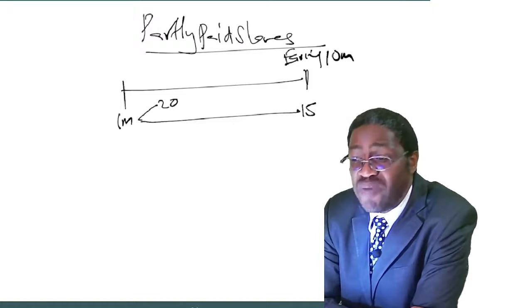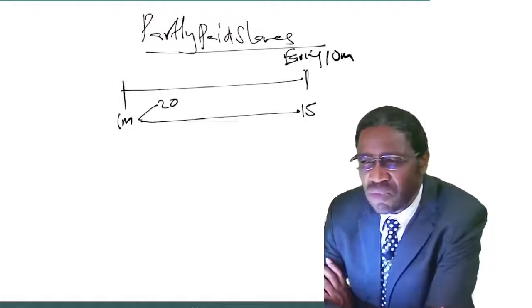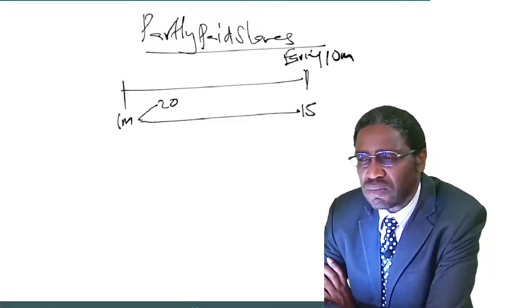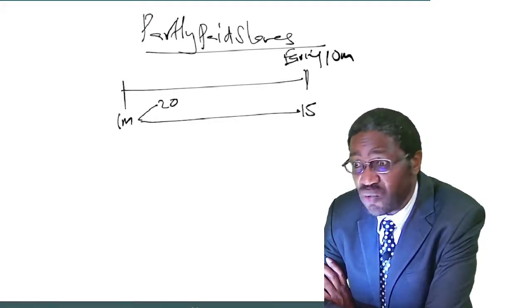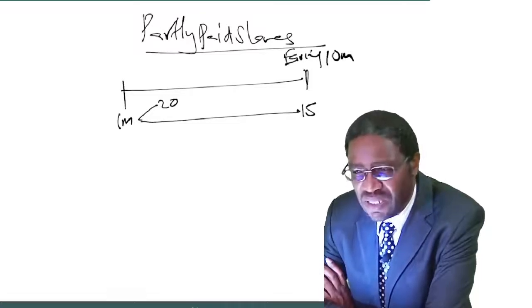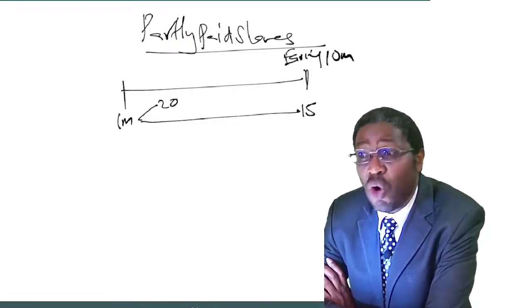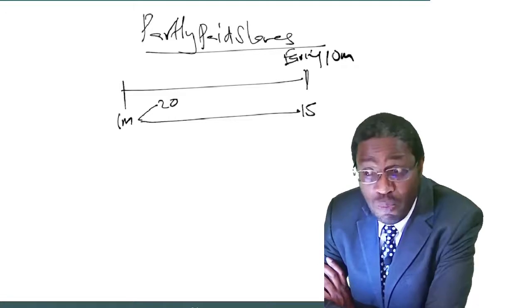When shares are issued and they are partly paid, we said you consider them only to the extent that they have been fully paid. I hope you remember that point.